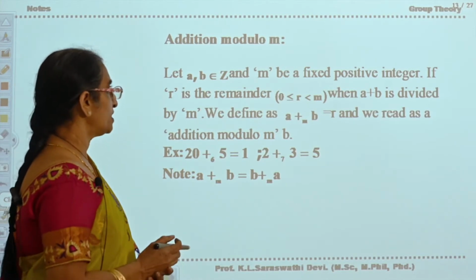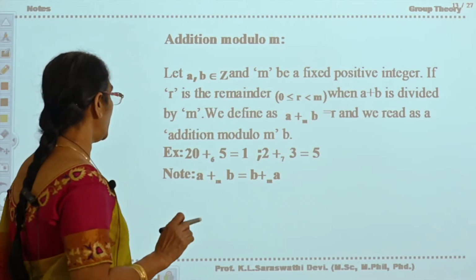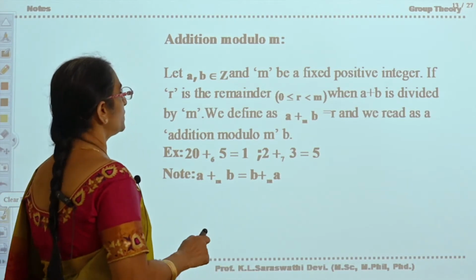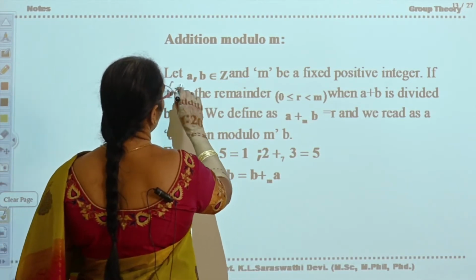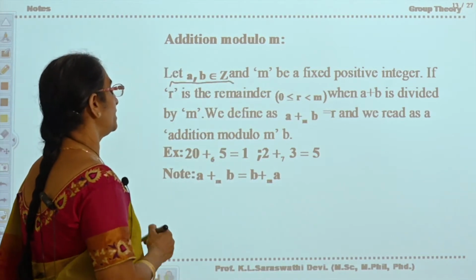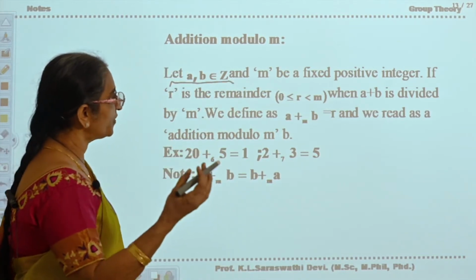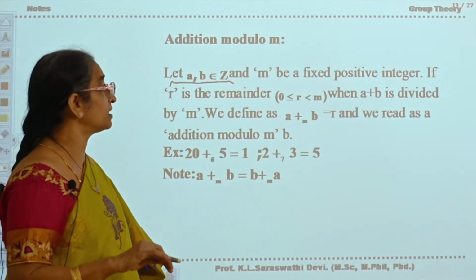Now, what is the definition of addition modulo m? Addition modulo m is defined as follows: if a, b belong to Z, that means they are integers, and m is a fixed positive integer.